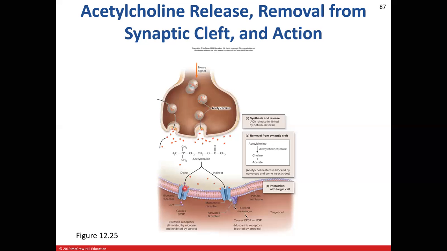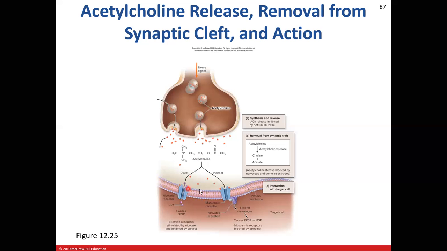Acetylcholine crosses the synaptic cleft and can act in two different ways. It can act in a direct action or indirect action. By acting in the direct action, we have nicotinic receptors. Indirect action, we have muscarinic receptors that stimulate or activate a G protein and a second messenger. In this case, we have sodium that floods into the cell. It becomes more positive.